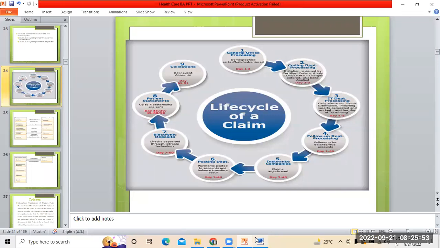This is because the complete life cycle process will vary from 60 days to 90 days, like 2 months to 3 months, for the whole process to be completed. Including collections, and whatever settlement happens through the clearing house, it will take 60 to 90 days.